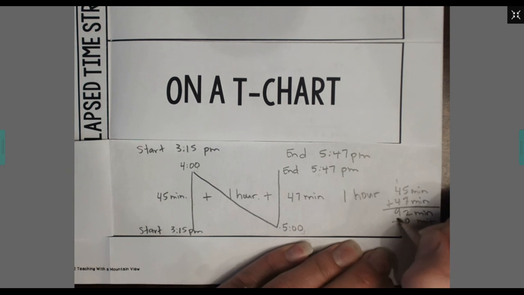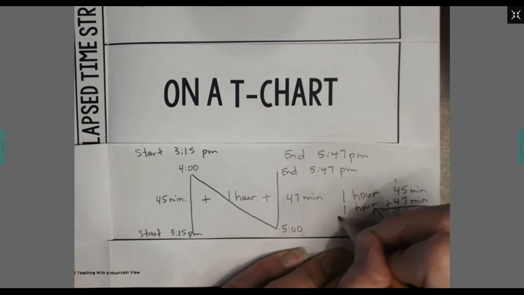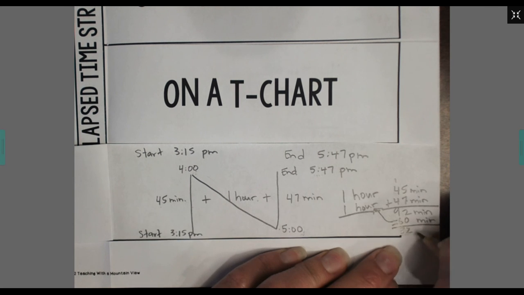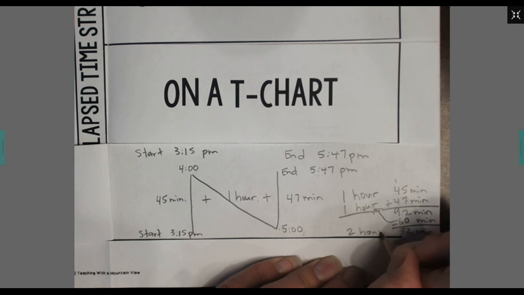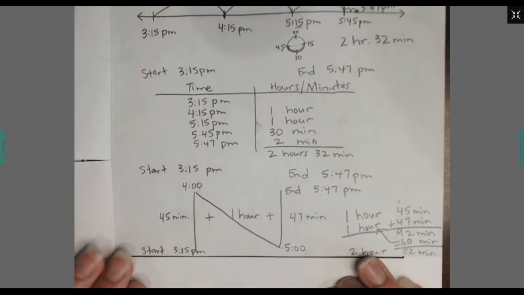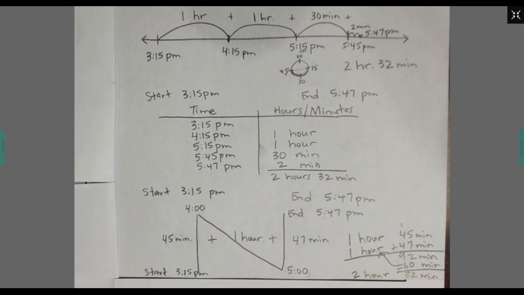So that 60 minutes gets added up to this hour. And we're left with 32 minutes. So we have a total of 2 hours and 32 minutes. And we can look at all of our different strategies and see that we get the same answer 3 different ways.